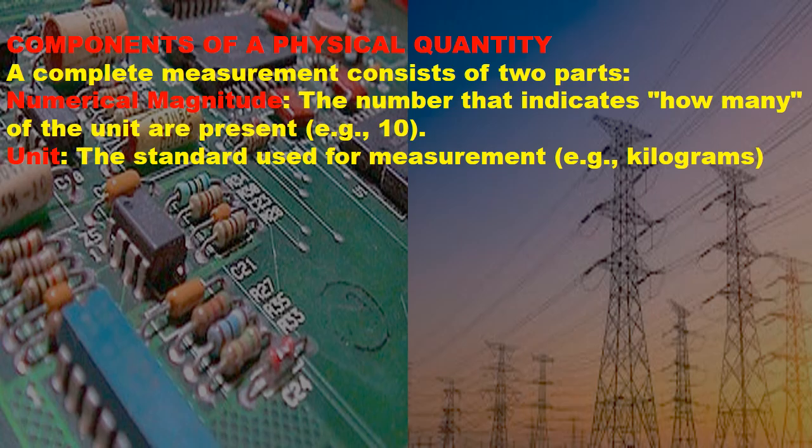So 10 kilograms. 10 is the magnitude, kilogram is the unit of the quantity, and the quantity is mass. Mass is the quantity, the unit of mass is kilogram, and the magnitude of mass is 10. It can be any magnitude. So physical quantities come in two components: the magnitude and the unit, like 10 kilograms. Kilogram is the unit of the quantity, and 10 is the magnitude.